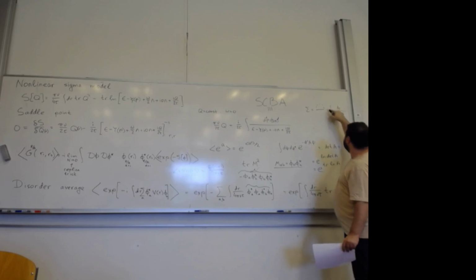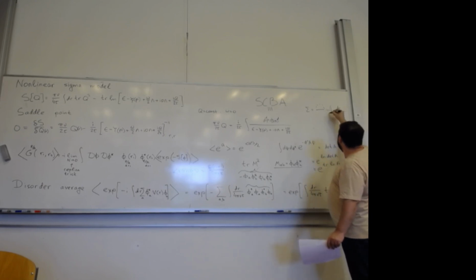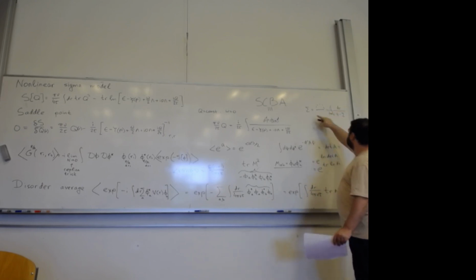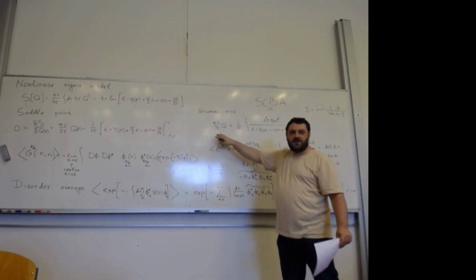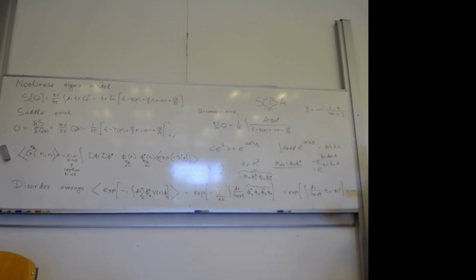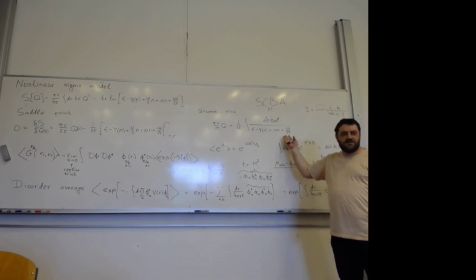And here was also 1 over 2 pi nu tau because we consider. So this is the self-consistent Born approximation equation, and this is the equation we have now. So you see that sigma and Q is more or less the same, up to some factors. And this means that we do know already the solution.